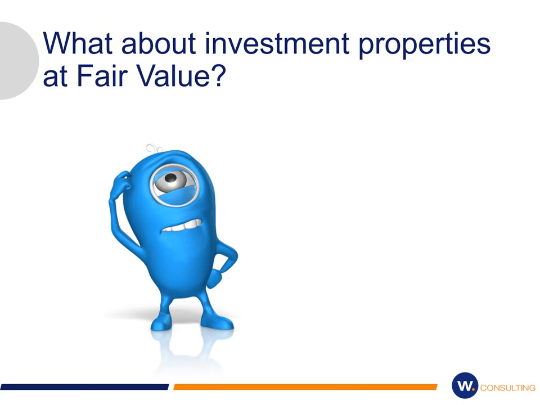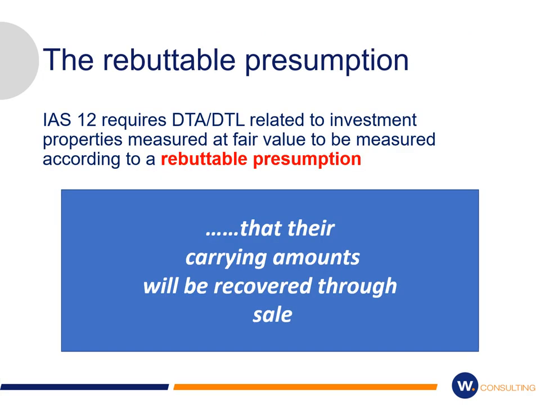Now, what about investment properties at fair value? IAS 12 has the rebuttable presumption that if it's an investment property, you're not using it like property, plant and equipment or owner-occupied property that you're going to recover through use. So you can rebut it. A rebuttable presumption means that you can challenge it, but generally the presumption is that the carrying amount will be recovered through sale.